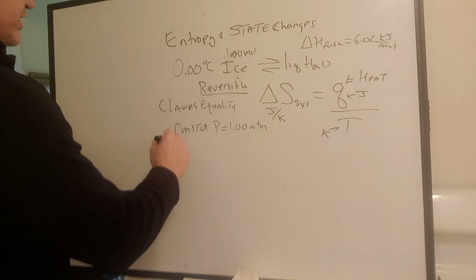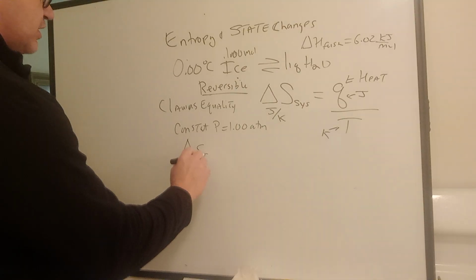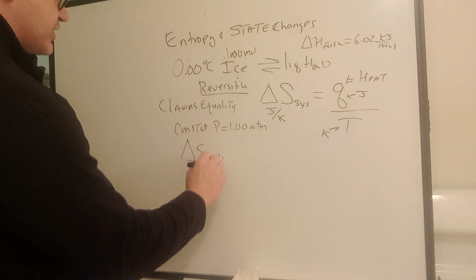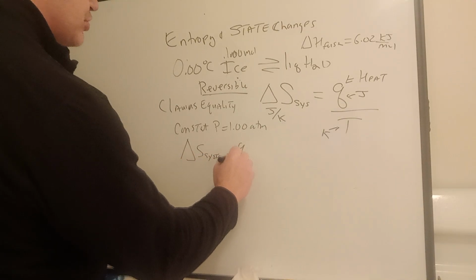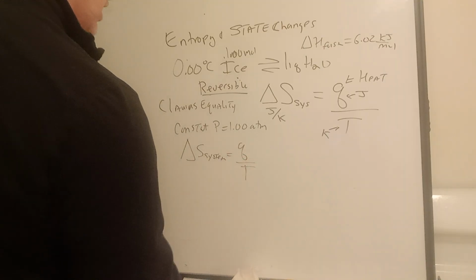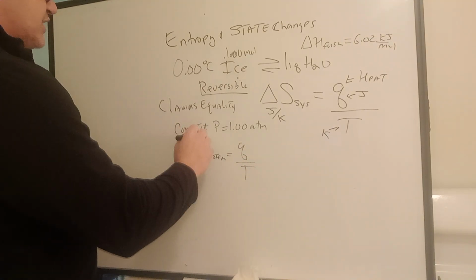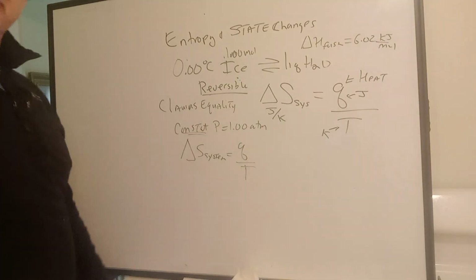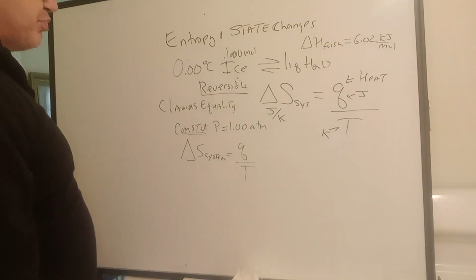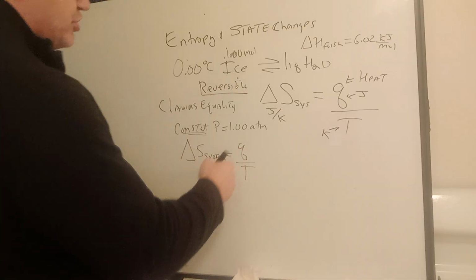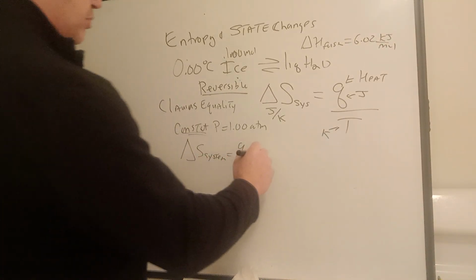So we have this relationship, the delta S system, or sys, whatever I'm denoting it, is Q over T. The big thing to realize is that when you have constant pressure, remember this from last semester, Q, the heat, is equal to the enthalpy.